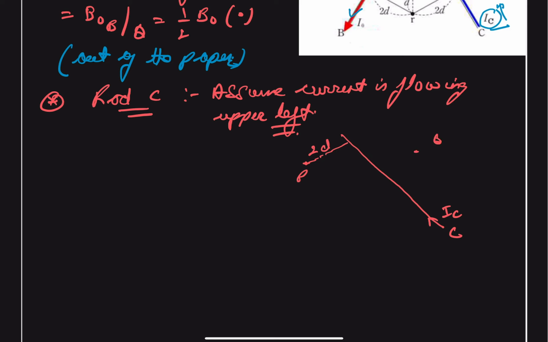So we are going to find out the magnitude as well as direction for rod C at points P and Q.